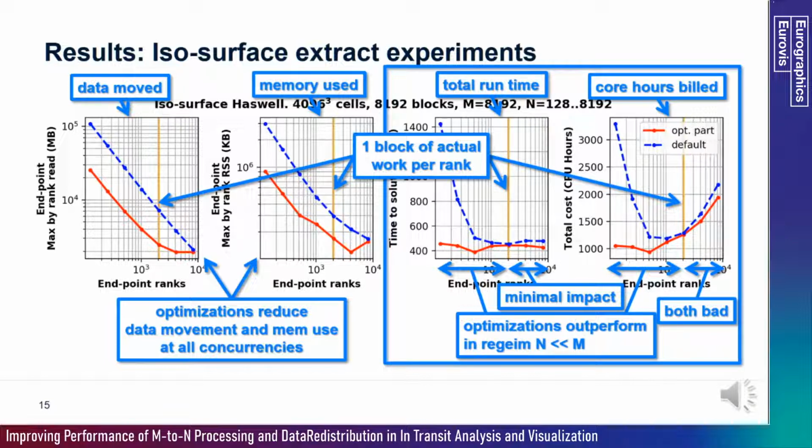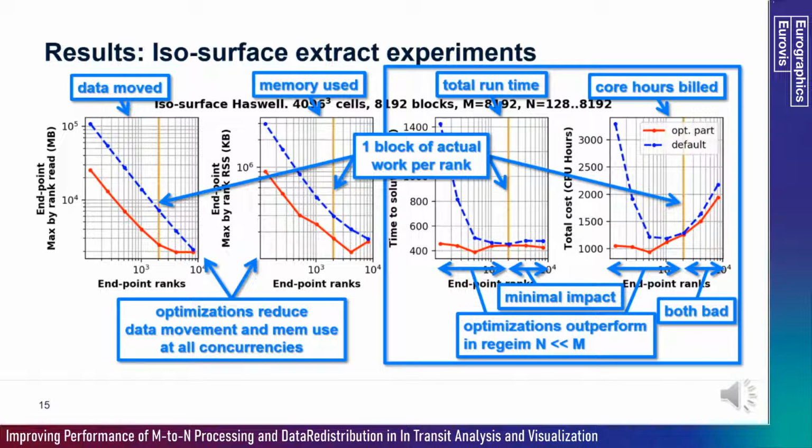Now, as we move to the left of the gold line by each dot, the amount of work per rank is doubling. And in these experiments, we found that the best result was obtained when there were 4 blocks of work per rank. And reducing the concurrency below that point down to 128, where there are 16 blocks of work per rank, didn't negatively impact the time to solution all that much, nor the cost of solution.